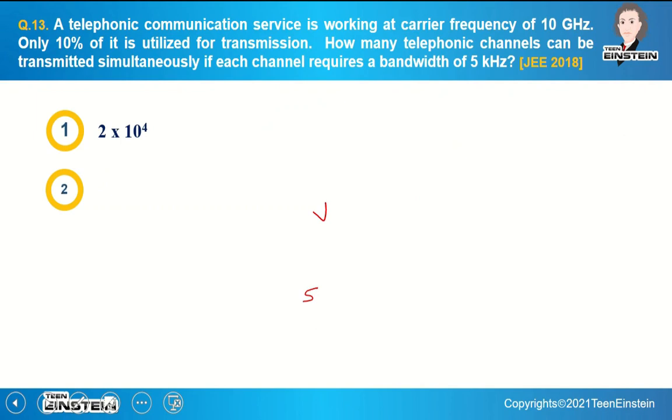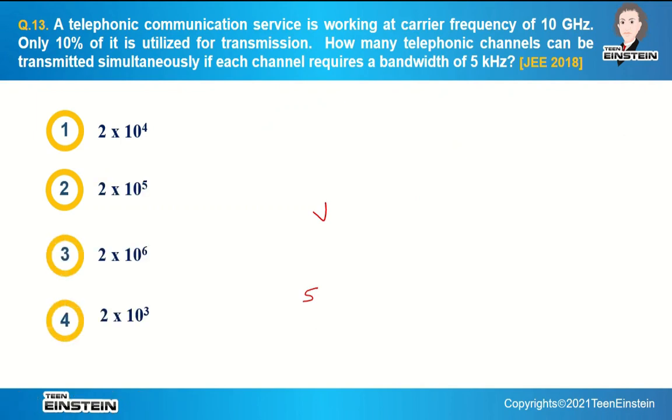Okay, so we'll move on with the next question. A telephonic communication service is working at a carrier frequency of 10 GHz. Only 10% of it is utilized for transmission. How many telephonic channels can be transmitted simultaneously if each channel requires a bandwidth of 5 kHz?